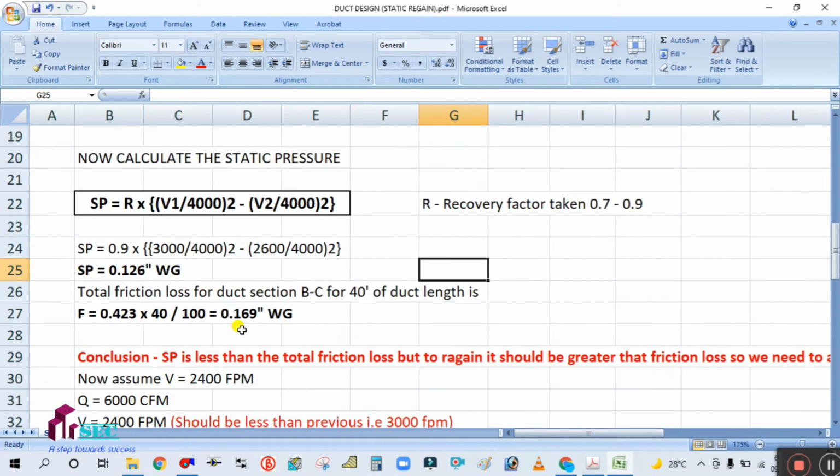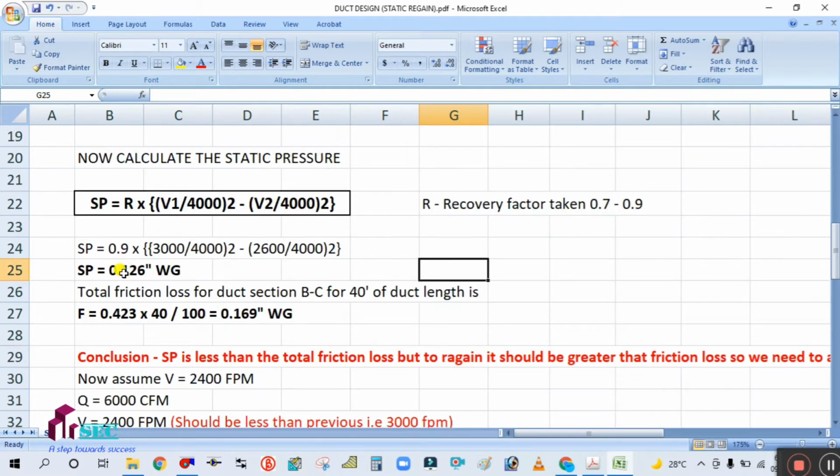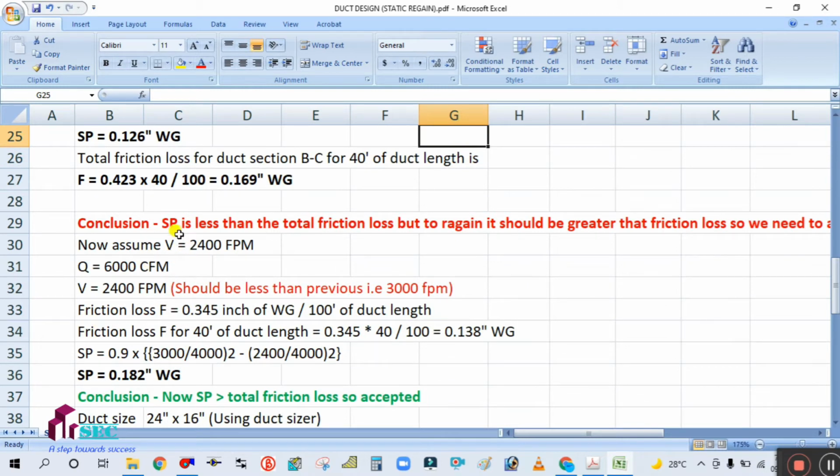You can see here the friction for the 40 feet, 0.169, is greater than the static pressure. That means this is not acceptable. In the static regain method, your static pressure should always be greater than the friction loss. So we have to assume another velocity and check.